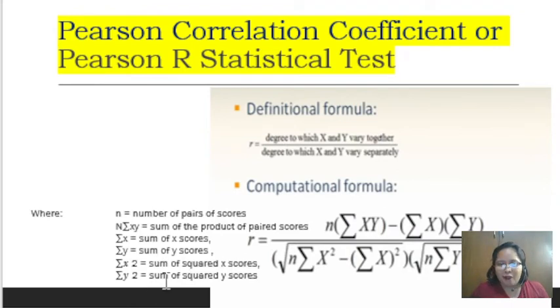The Σy, the sum of y scores. The Σx², it is the sum of squared x scores. And the Σy², or the sum of squared y scores. So this is the formula that we're going to use in computing the Pearson's R.